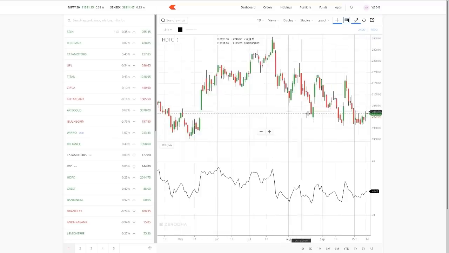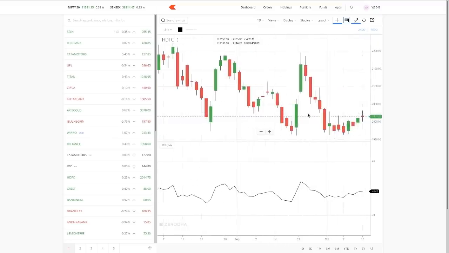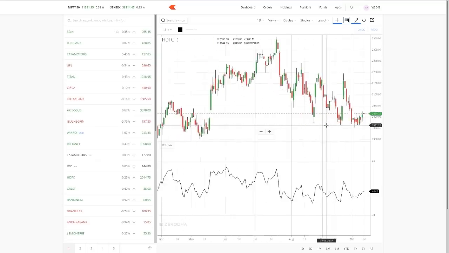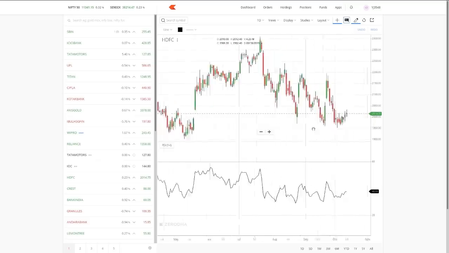So we are looking at day candle. Let me plot that and let's analyze this. In the past 10 days, 1, 2, 3, 4, 5, 6, 7, 8, 9, 10. So it is basically showcasing this.